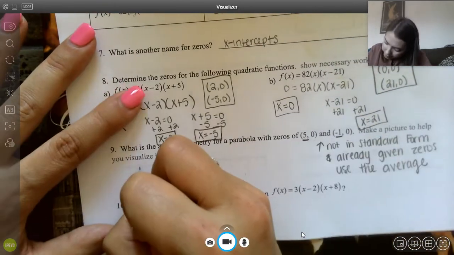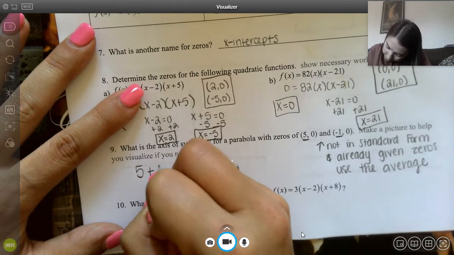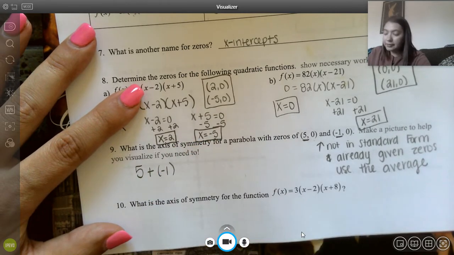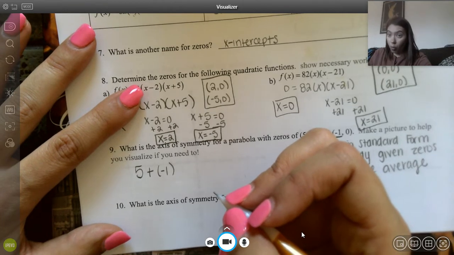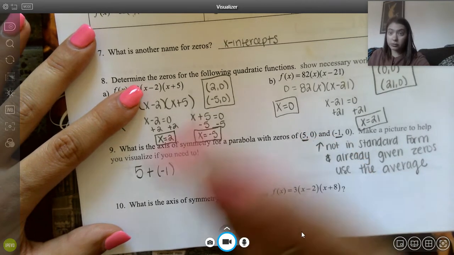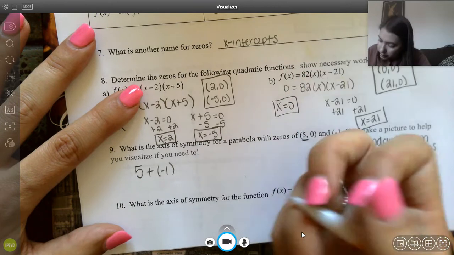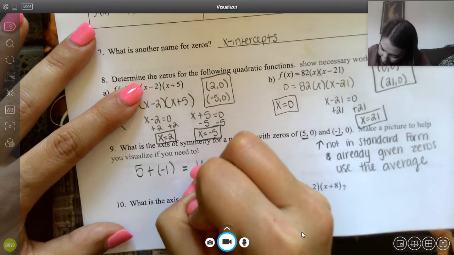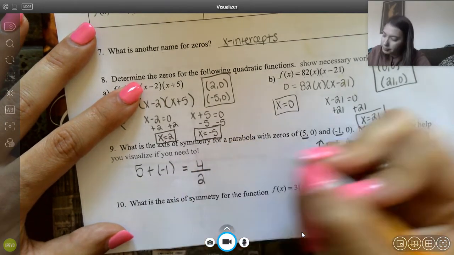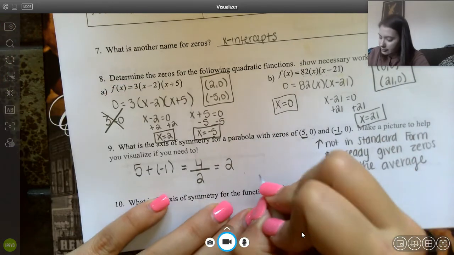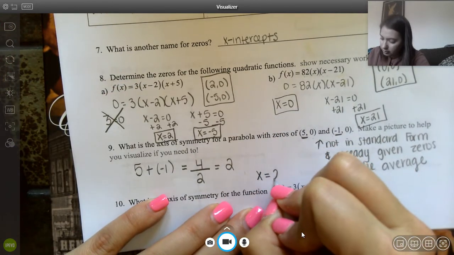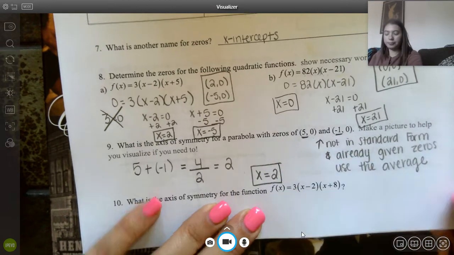We're going to add them together. 5 plus negative 1 gives us positive 4, right? 5 plus negative 1 is really the same thing as 5 minus 1. So that gives us positive 4. Positive 4 divided by 2 gives us positive 2. So therefore, the axis of symmetry is where x is equal to 2.